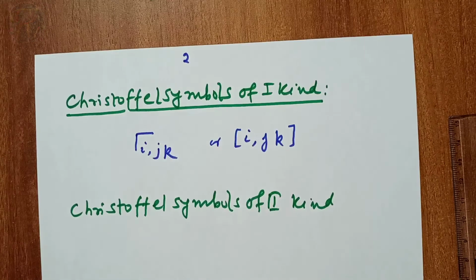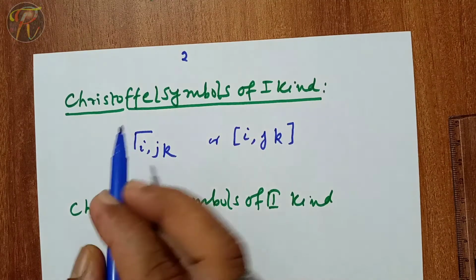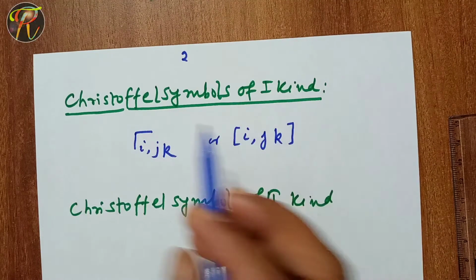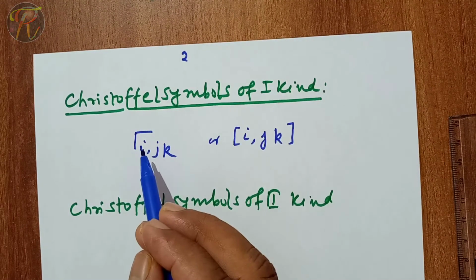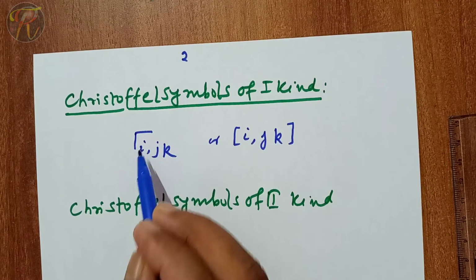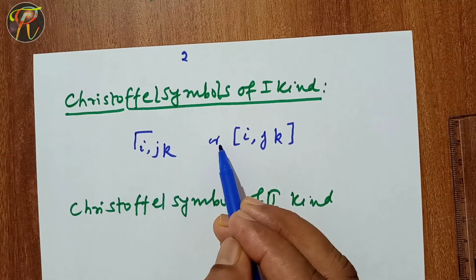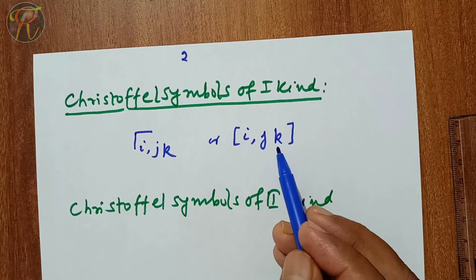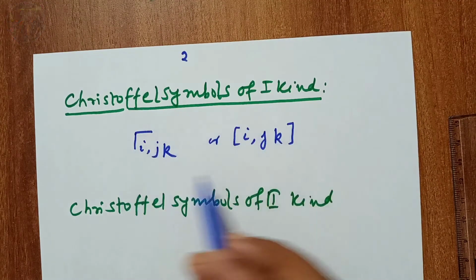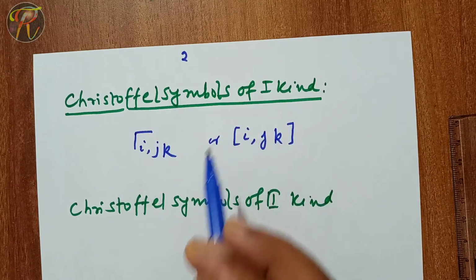First, Christoffel symbols of the first kind are denoted by the symbol gamma_ijk or the bracket [ij,k]. So this is the notation of Christoffel symbols of the first kind.